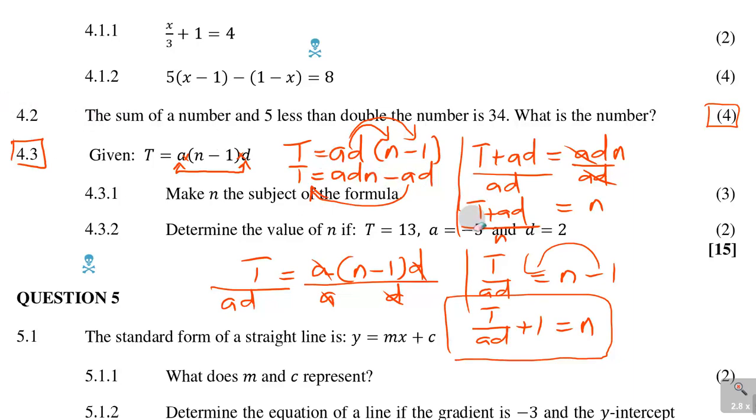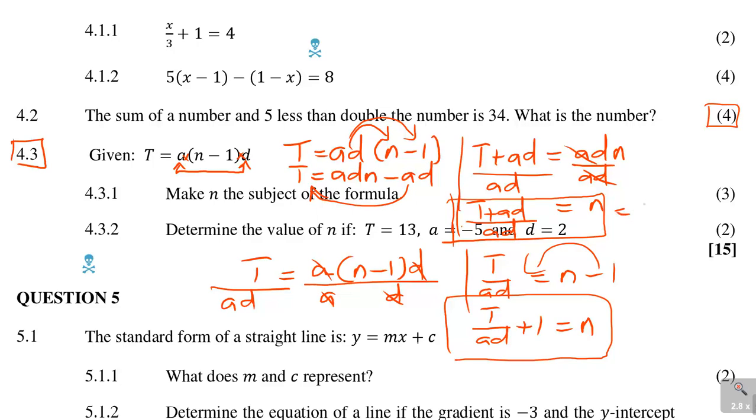Actually, I wrote this answer wrong here. Just to correct it: it is t plus ad over ad here. So this answer and this answer are one and the same thing. Why am I saying it? If you continue with this answer, the ad will cancel the ad, but let me do this because you don't want to make errors.